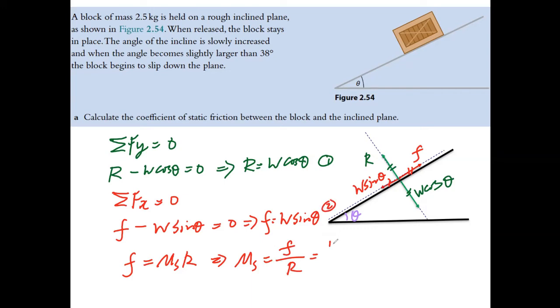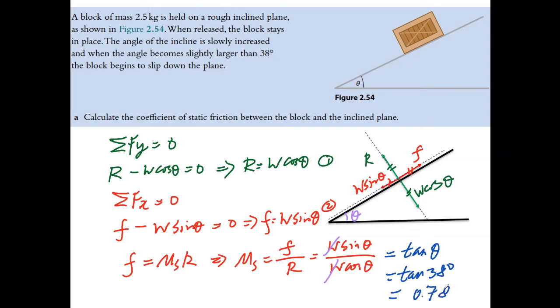The friction force is W sine theta, and R is W cosine theta. The W's cancel out, and that gives us tan theta, and the angle is 38 degrees. That gives us 0.78. So the coefficient of static friction between the block and the inclined plane is 0.78.